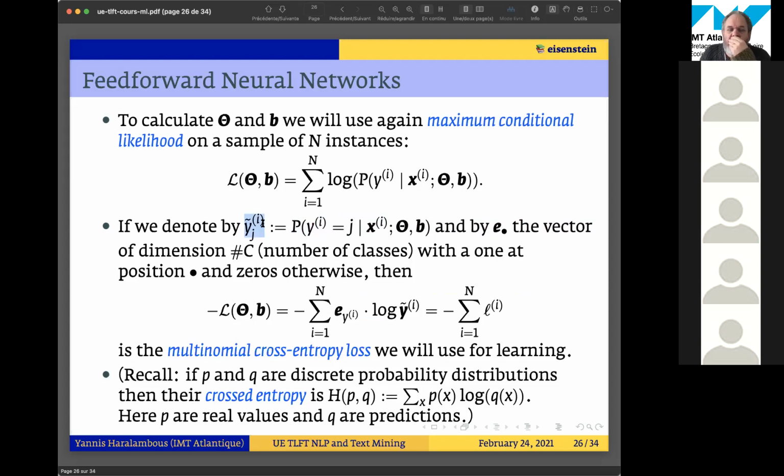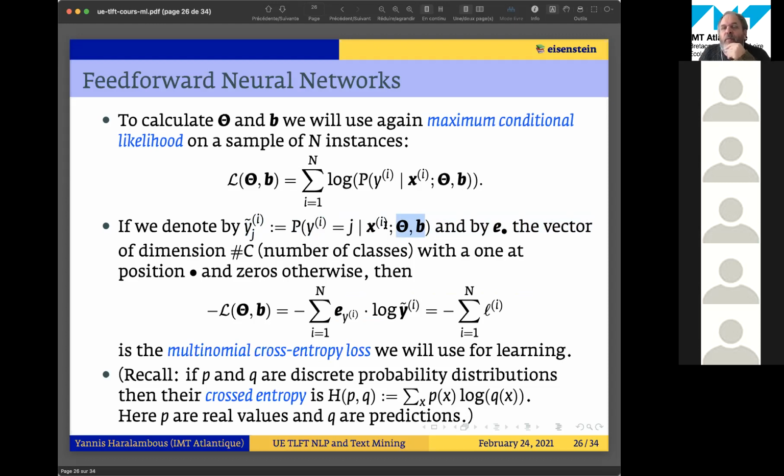Now, what is this? It's something I have calculated from the corpus. So it's a prediction.